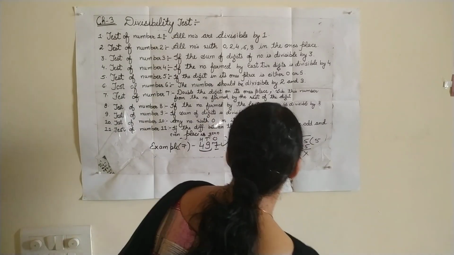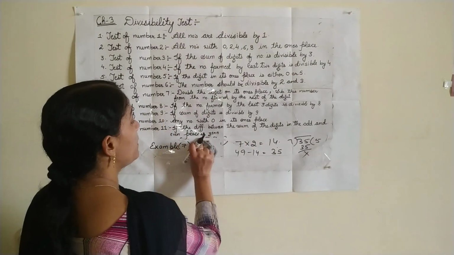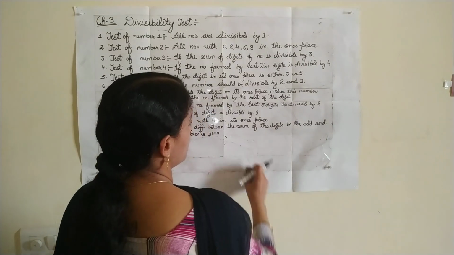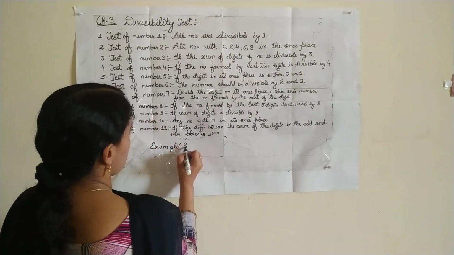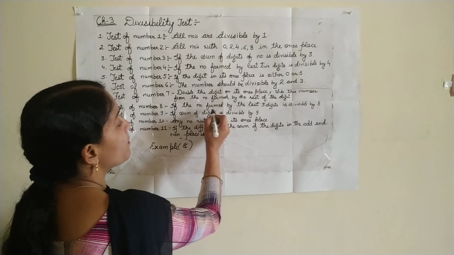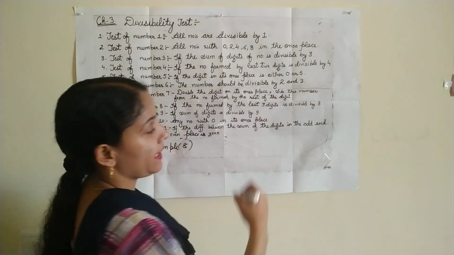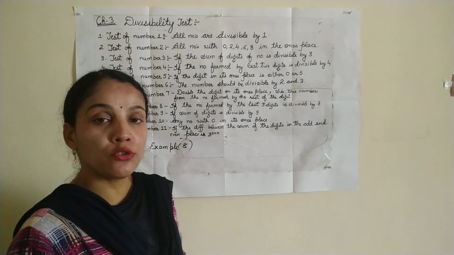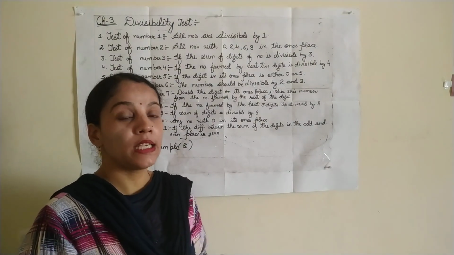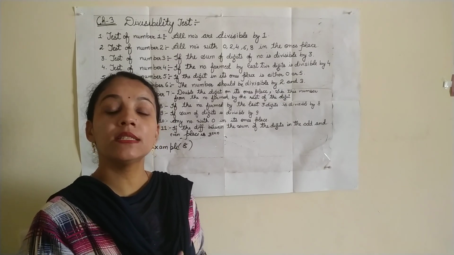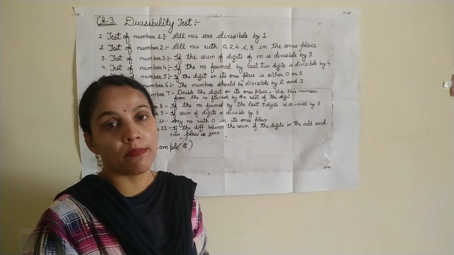Then next is the divisibility rule for number 8. What is the rule? If the number formed by the last 3 digits is divisible by 8, that means the number is divisible by 8.